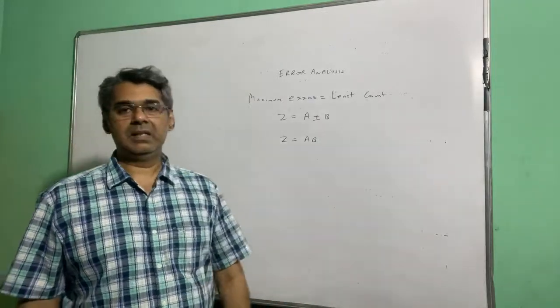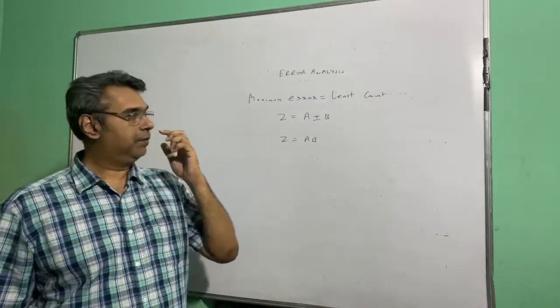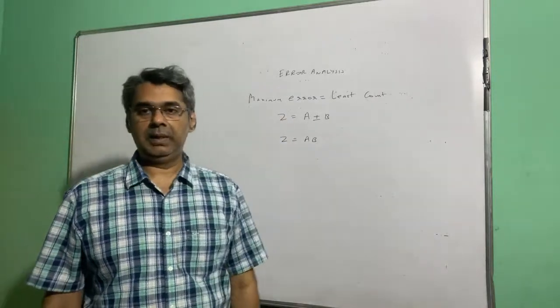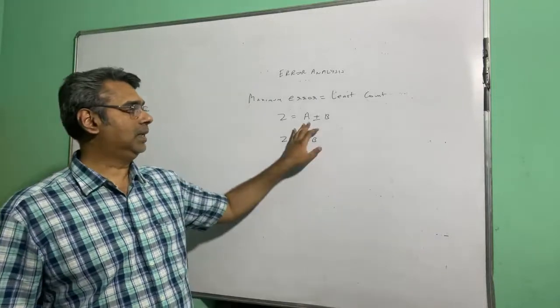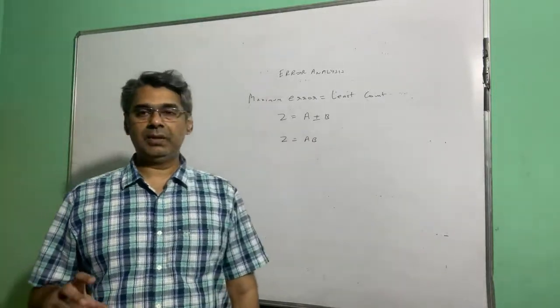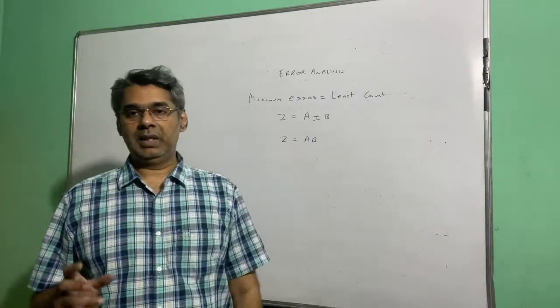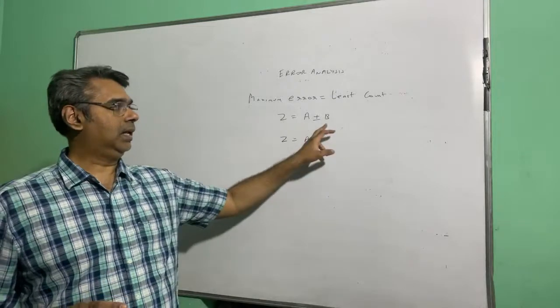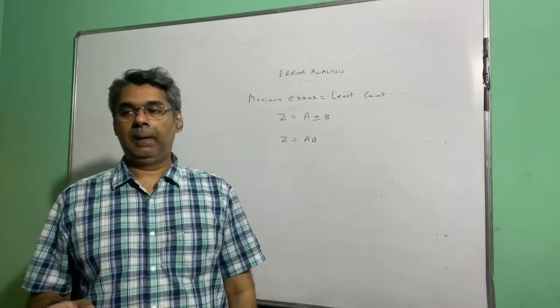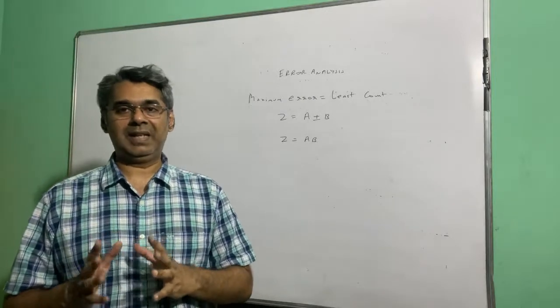Suppose I say Z is A multiplied by B, that is one possibility. So if Z depends on A and B, then you are making a measurement of A and a measurement of B, and you are using those measurements to calculate Z. So if you make an error in A and an error in B, then what will be the overall error? That is the topic known as error analysis.